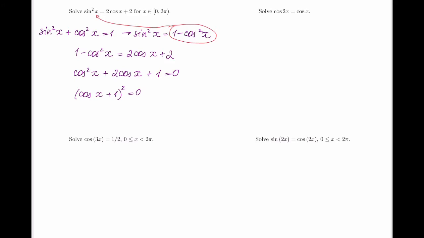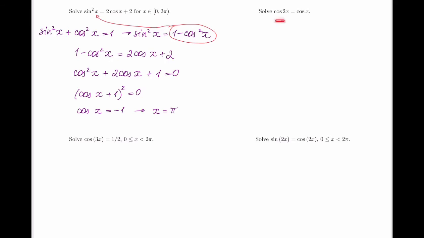So the only solution is what makes the left-hand side 0, and namely cosine of x is equal to -1. Thinking about the unit circle and when that occurs, this will give us only one solution, that x is equal to pi. Notice that here I'm only interested in solutions between 0 and 2 pi, so I don't need to add a period to this, so this is going to be my only solution to this equation.